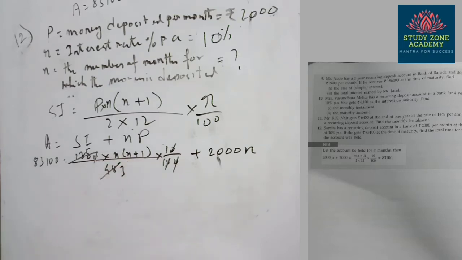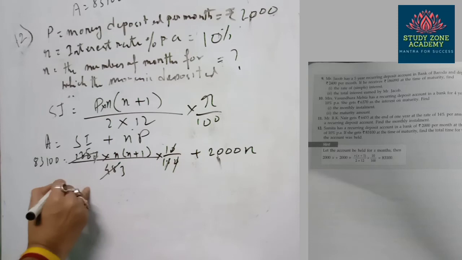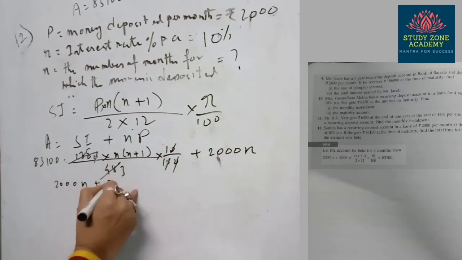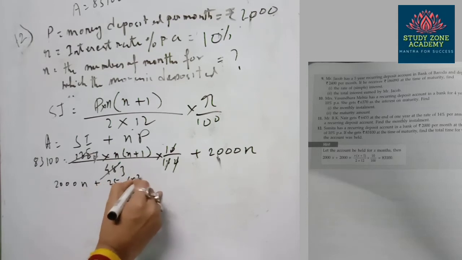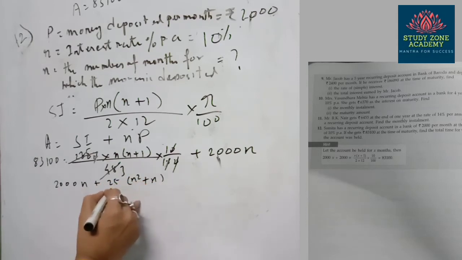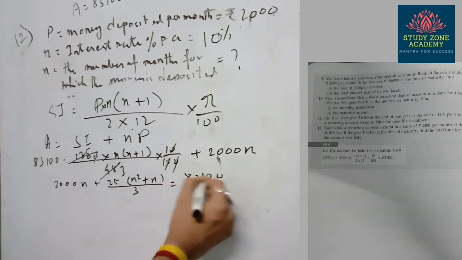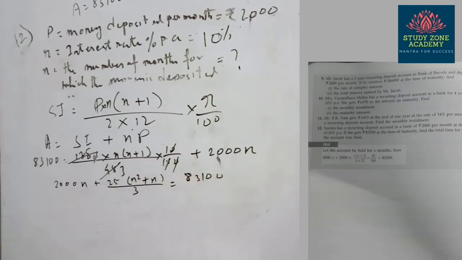Okay, fine. So it is going to be 25 and 3. So the calculation would look like 2000 N plus 25 N square plus N divided by 3, that is 83100. Let us proceed with this calculation.